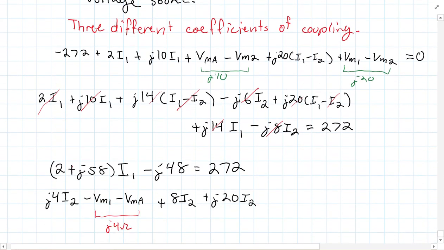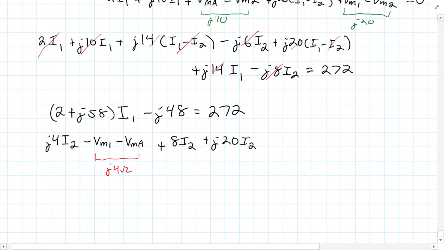VM2 is plus, so we have plus VM2 minus VM1. And again, this is for the j20. And I'm doing that so that I get the appropriate ones here. And this is then, of course, equal to 0.